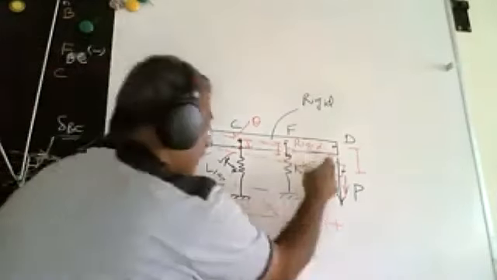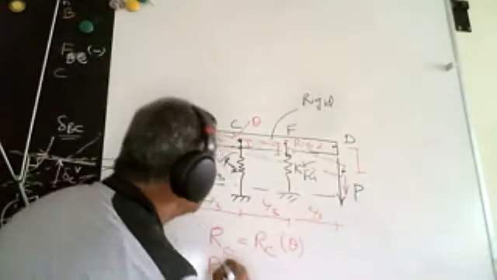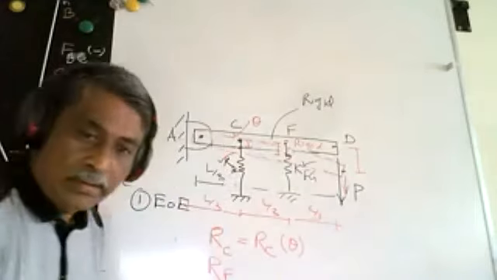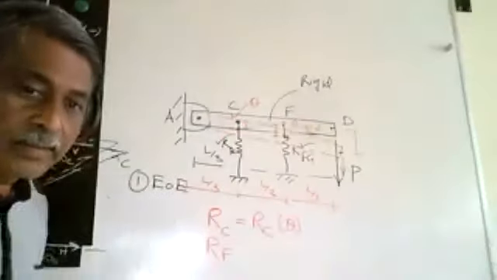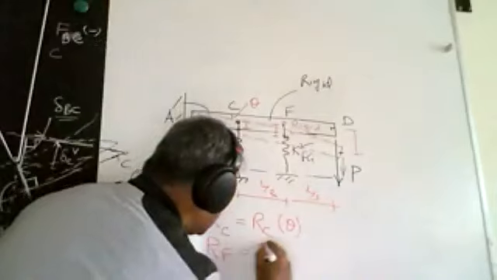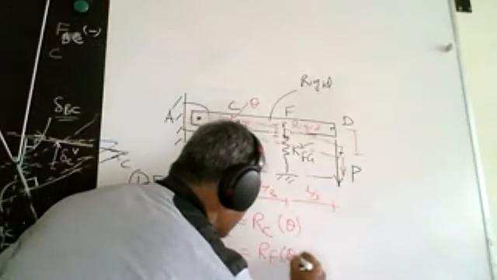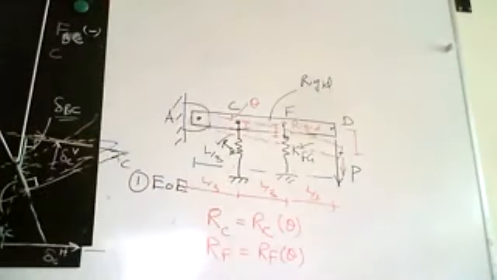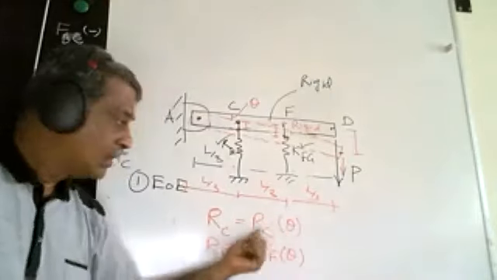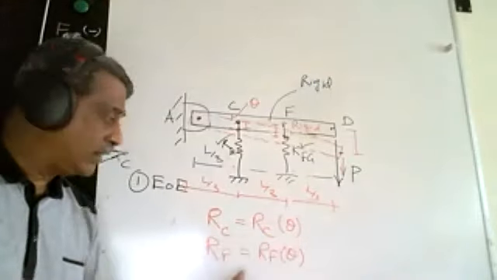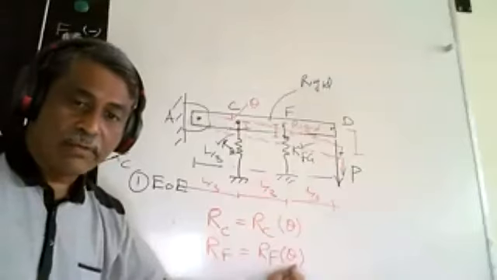In a similar way here, the reaction force at F, are you able to see it? Is equal to reaction force at F, which is a function of theta. This is not multiplication, this is a function. RC is now a function of theta. RF is now a function of theta.